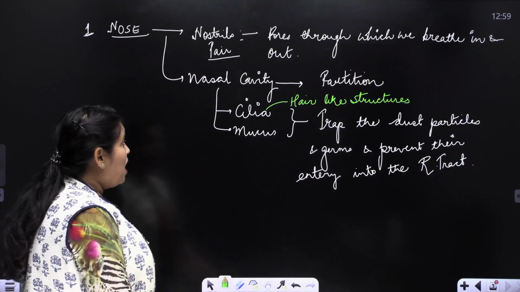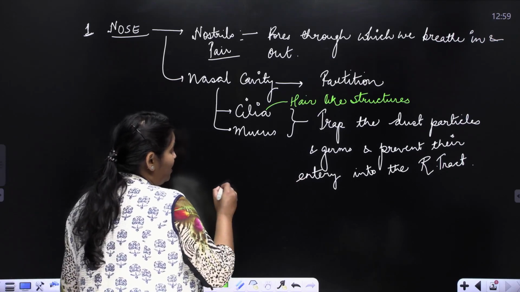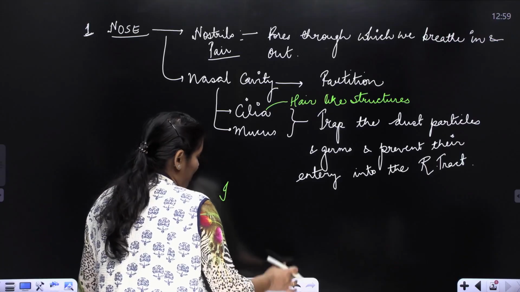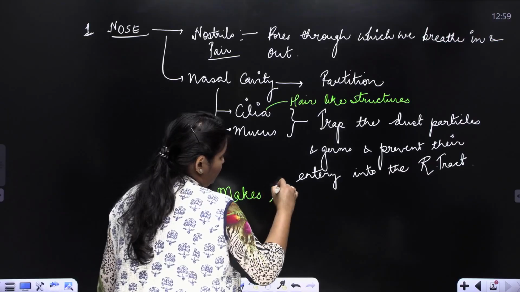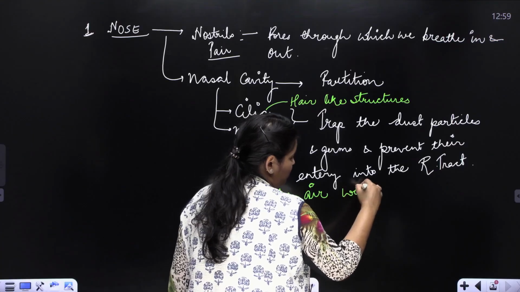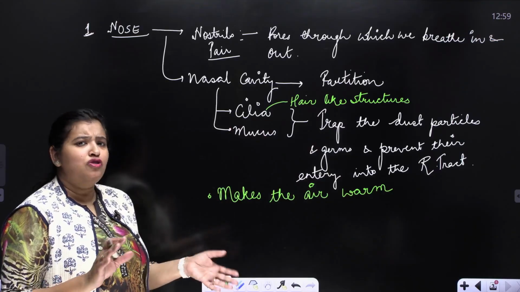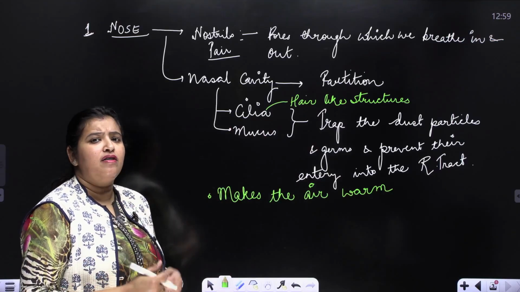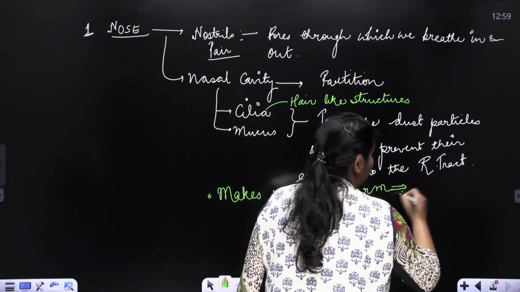All right. Now, one more thing the nasal cavity is doing. It makes the air warm. And warm means it reaches almost to the body temperature before it enters our system. All right. Why is the air getting warm?